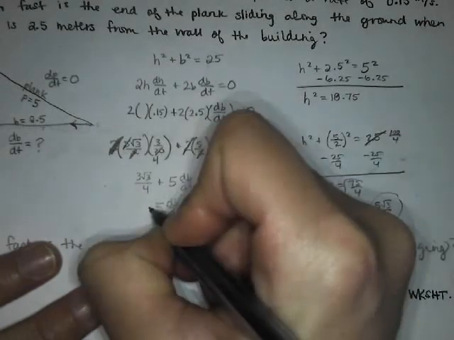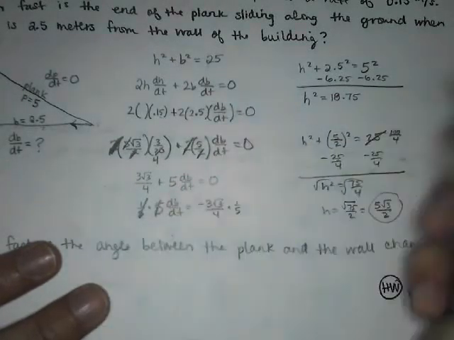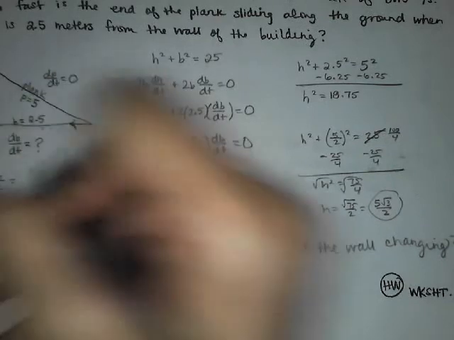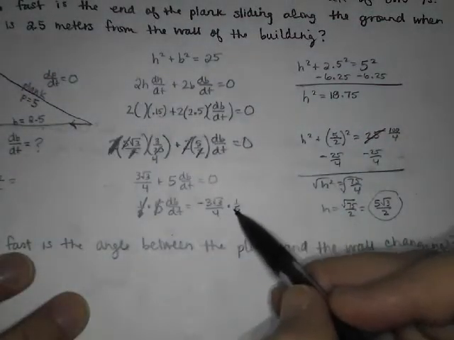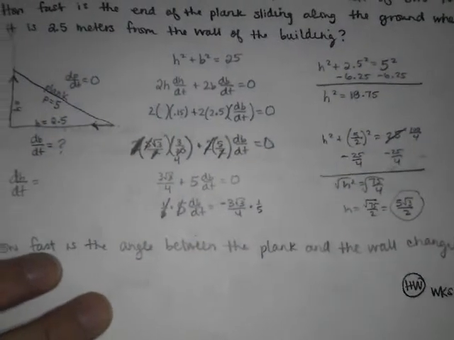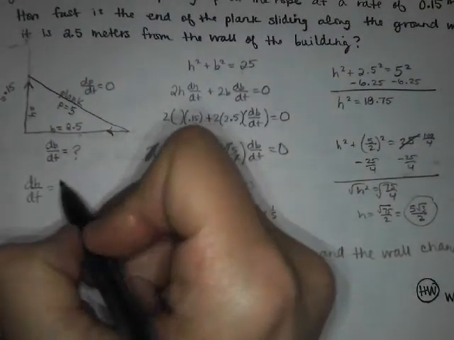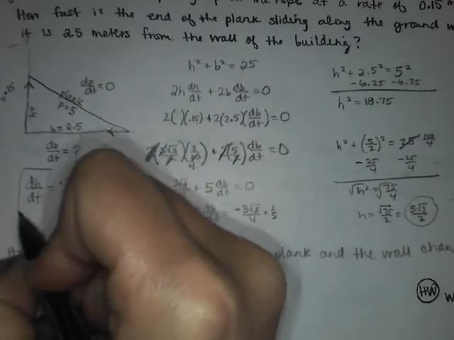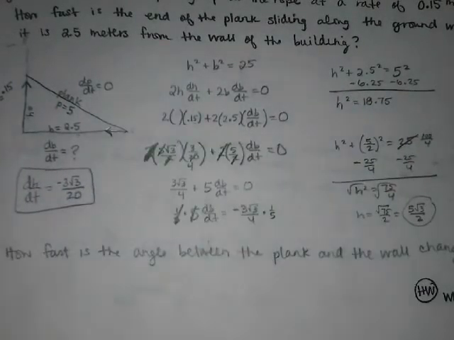And dB dt equals negative 3 root 3 over 20. Not great, but it is negative, which we anticipated that it should be, correct? So that makes me feel good.